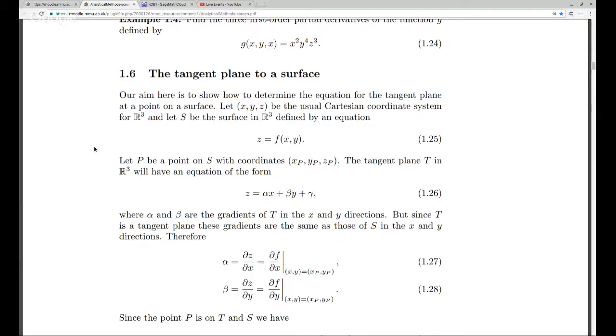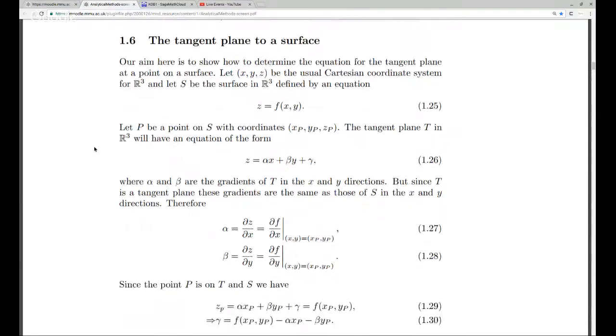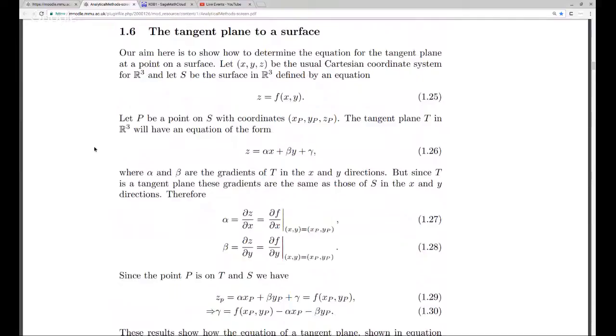So I think I've built up this diagram more or less to fit what's going on here. We've got a point P, which is on the surface. So S is the surface described by the function z = f(x, y). P is this particular point on the surface with coordinates xp, yp, zp, as shown in the diagram. And the tangent plane is going to have this kind of equation. So that equation in 1.26 is just an equivalent version of this, where you make z the subject of the equation.